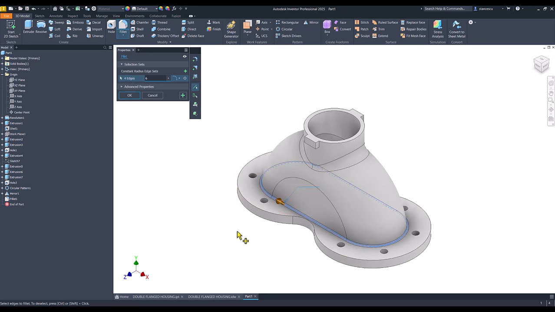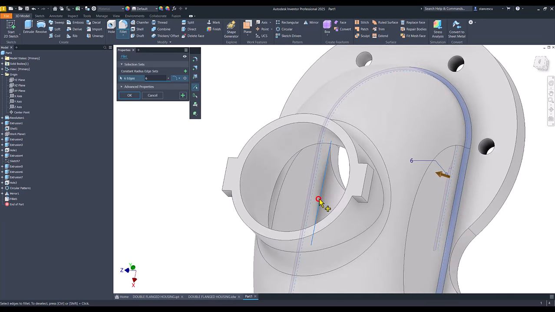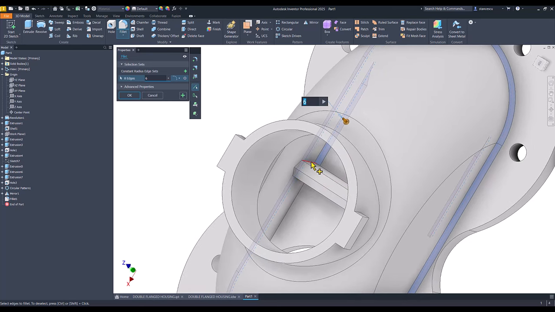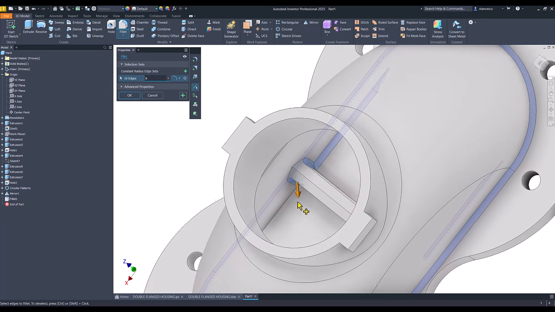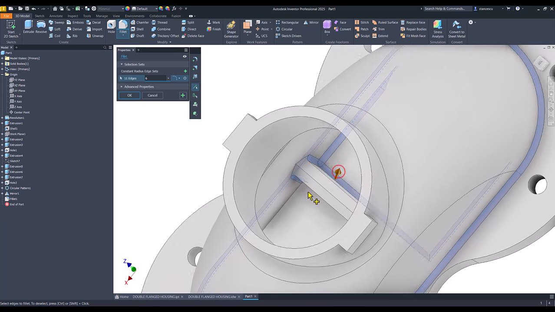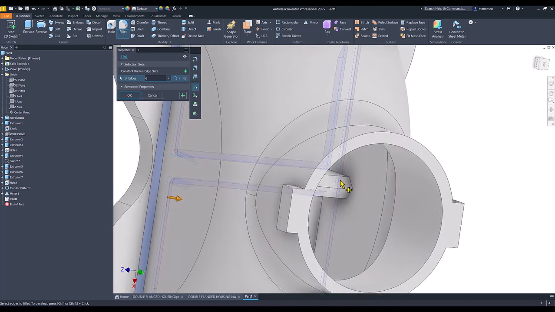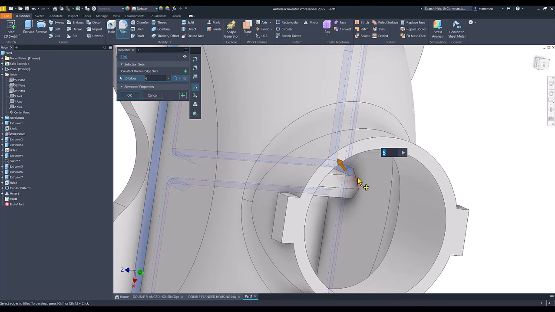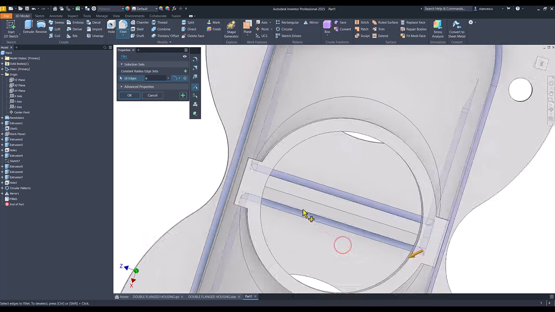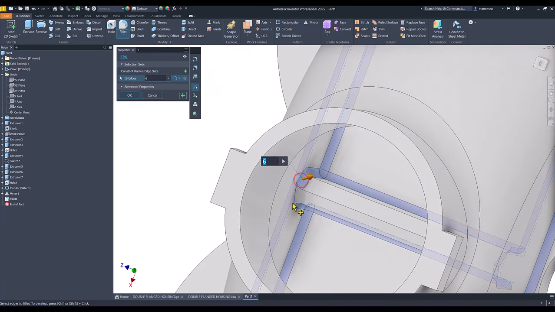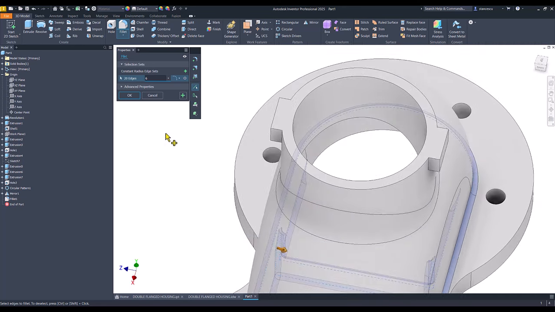This is one place, this is another, also here, here, a lot of fillets are here. Okay.